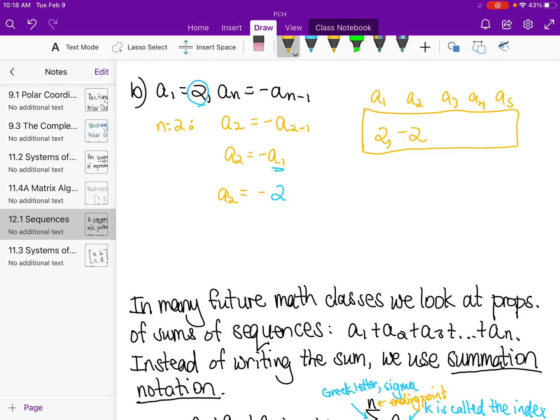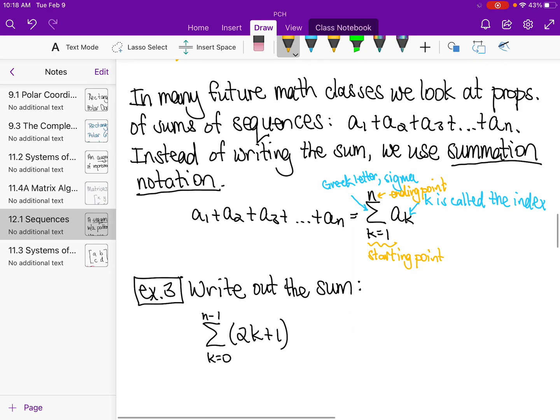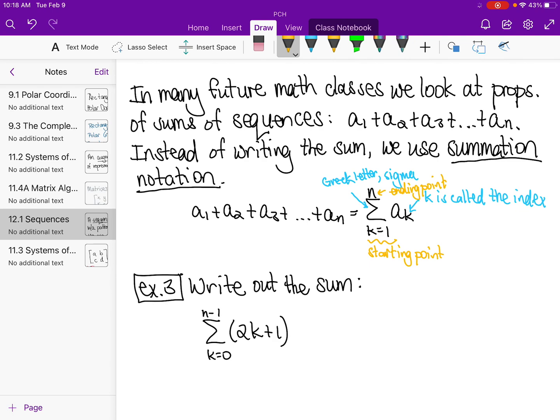So that's -2. And then you probably don't need to do any more. Once you realize that it's just the opposite, you're like, oh, that's the opposite of A2, and that's the opposite of A3. So it's just going to alternate like that. Okay? All right, so go ahead and copy that.